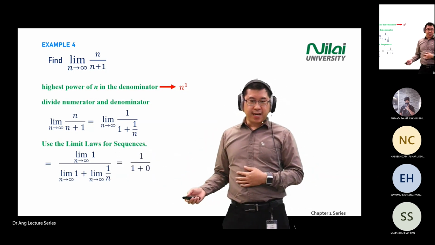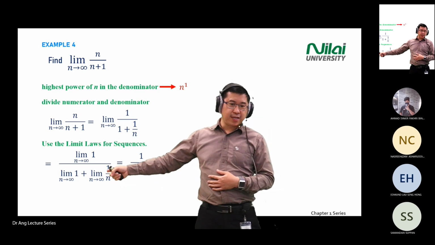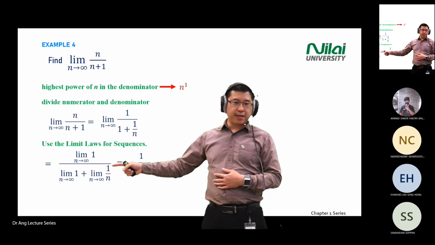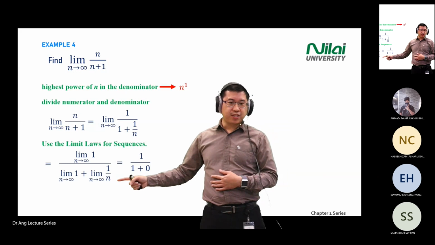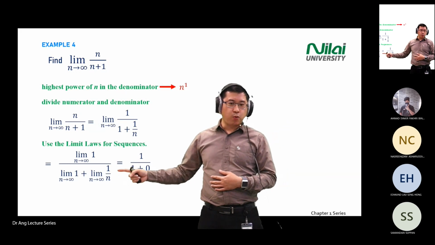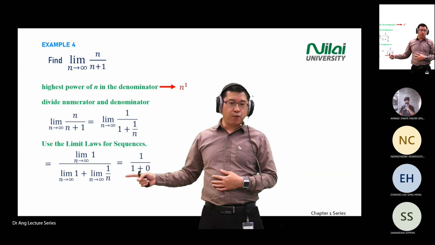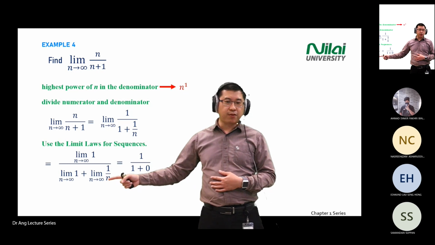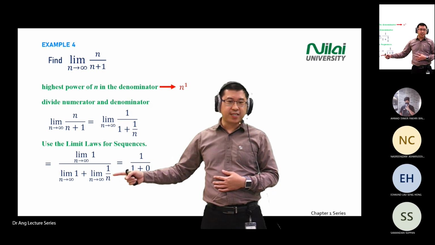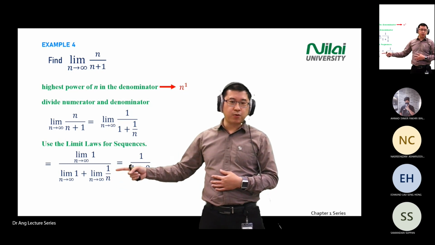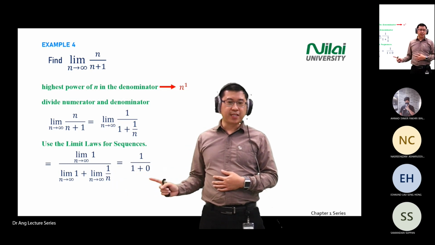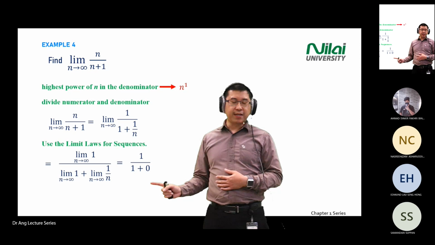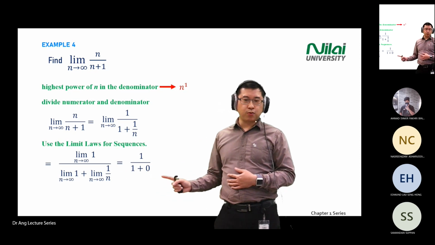On the bottom, limit 1 as n goes to infinity, you still get 1. And interesting is this one. You have 1 over n. If you increase the n to infinity, what is the value that you get close to at the end of infinity? You'll get 0. Now how do you get to this conclusion?